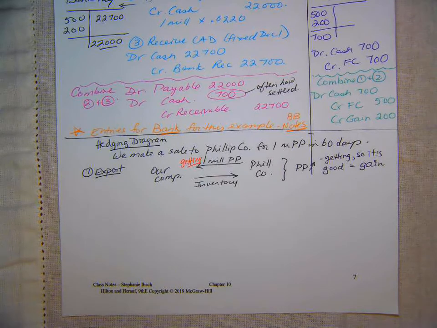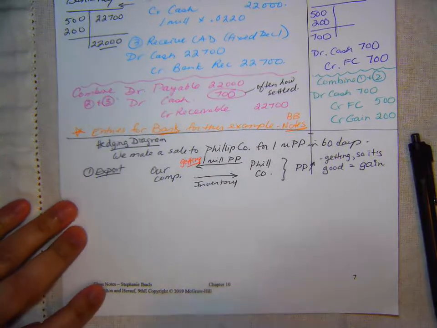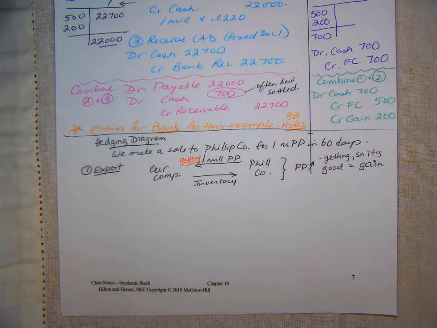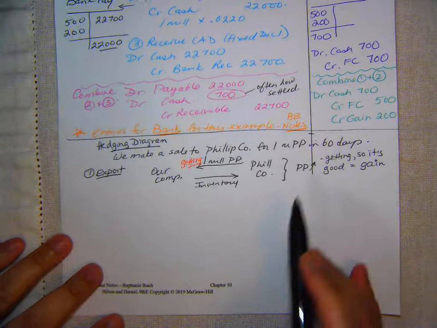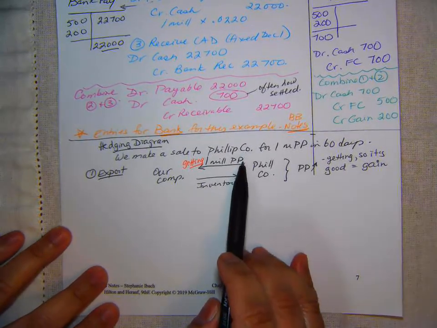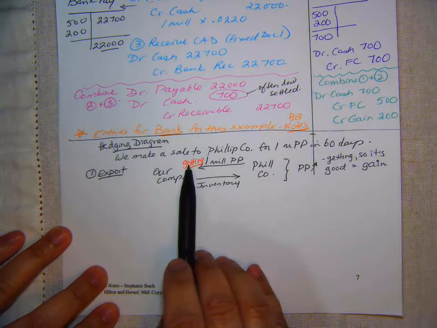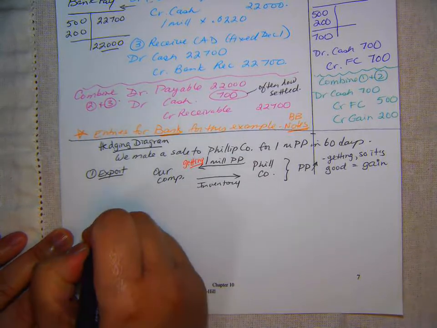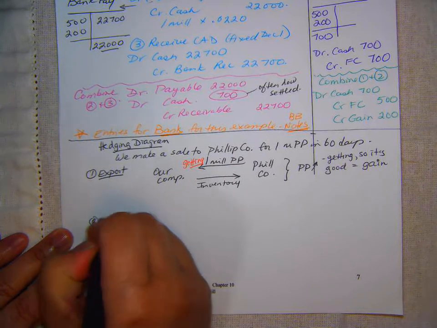So what we do is use a forward contract that we just learned in the last video to hedge against this. So we're going to do the opposite. We're getting pesos from this operating transaction, so we're going to make a forward contract to give 1 million pesos in 60 days.